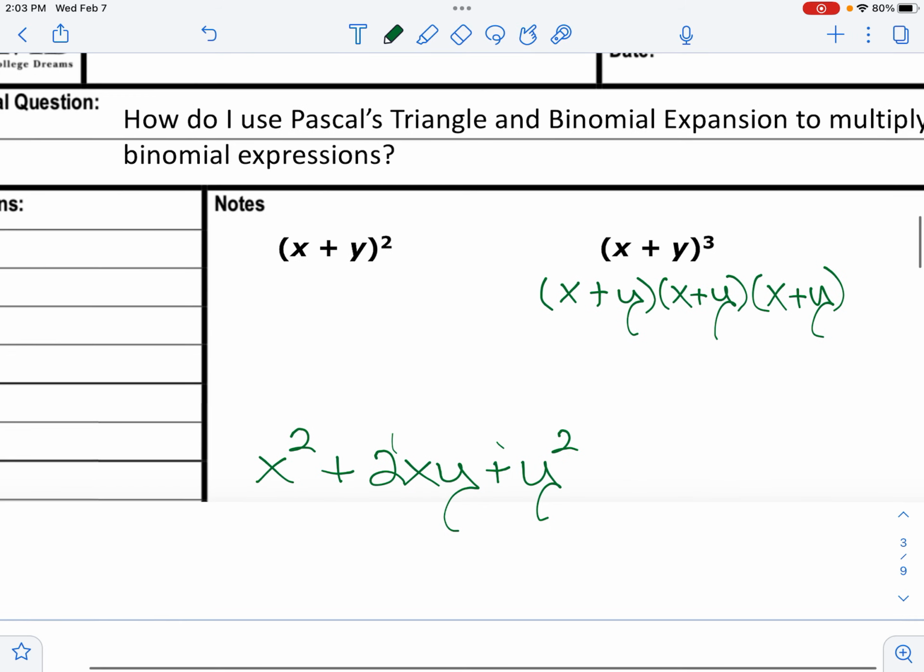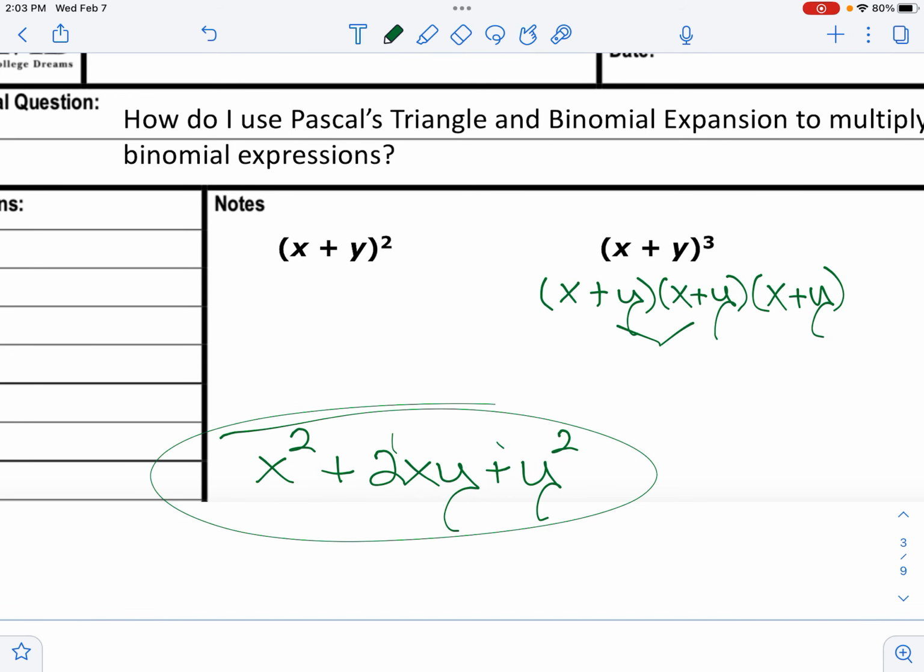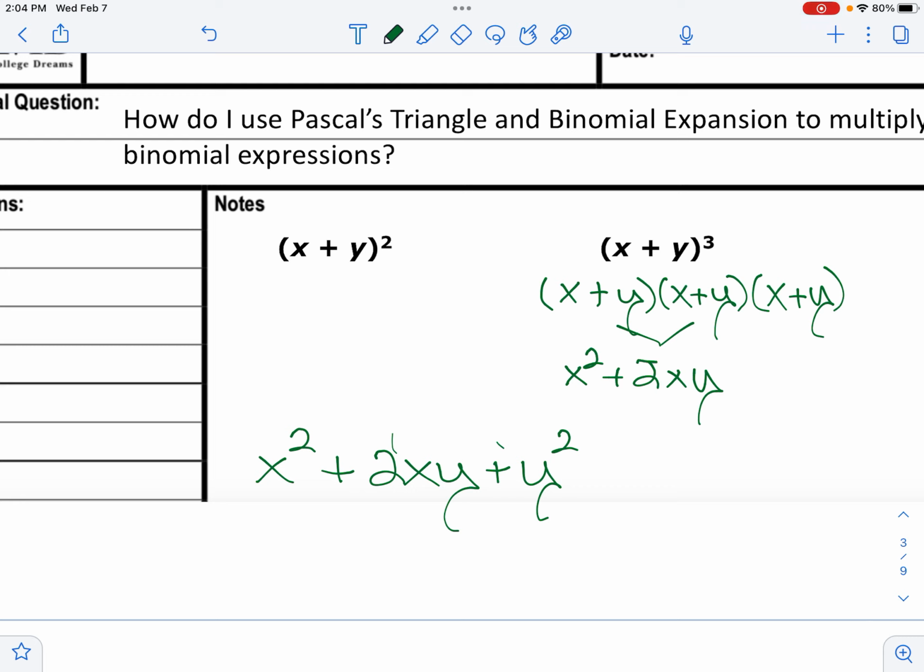Okay, now I know that when I do (x + y) times (x + y), I get this right here. So I can replace this first part with that answer. This looks a little weird.